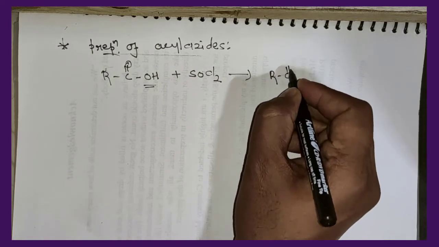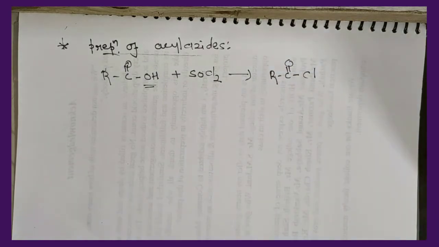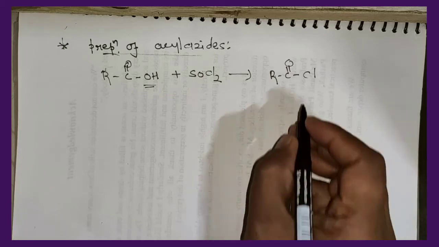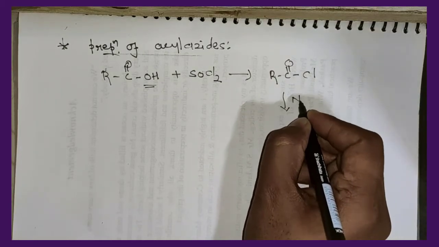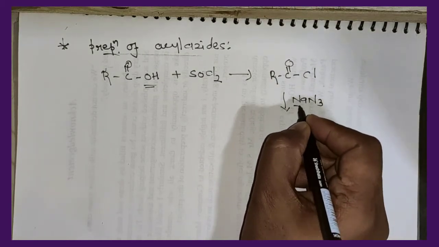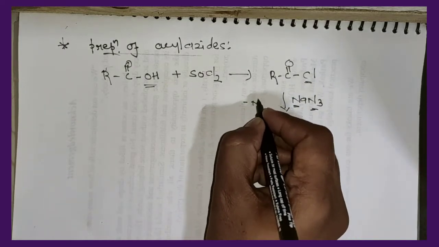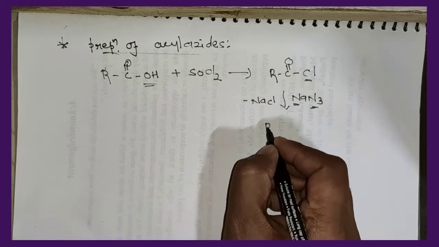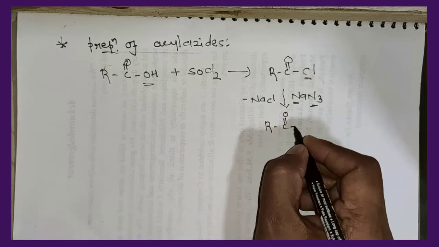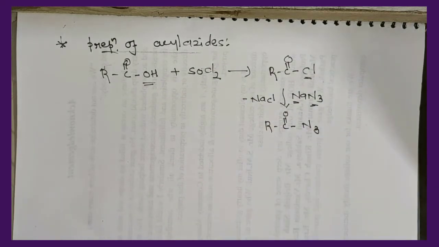So first it is converted to acyl chloride, which reacts with NaN3, sodium azide. Here Cl is replaced by N3 and the side product is NaCl. So it is converted to RCON3, the azide group.